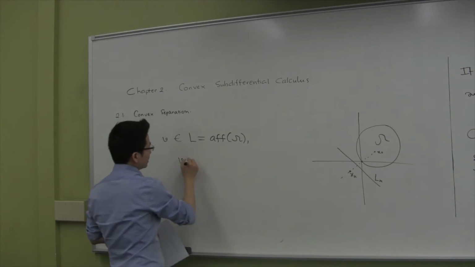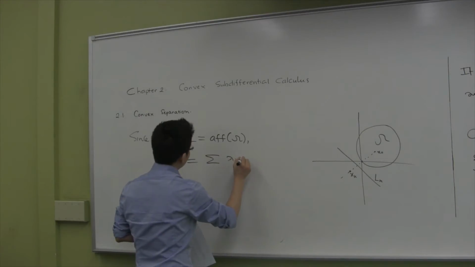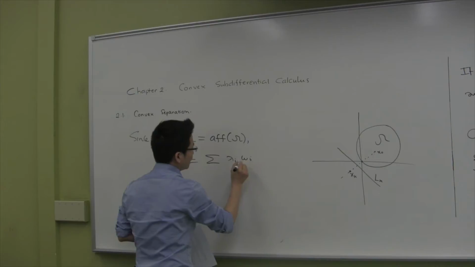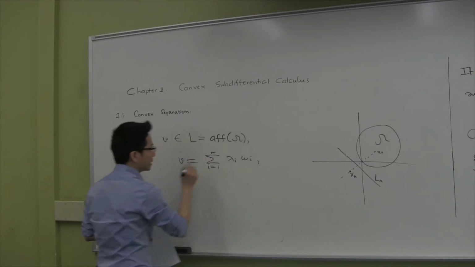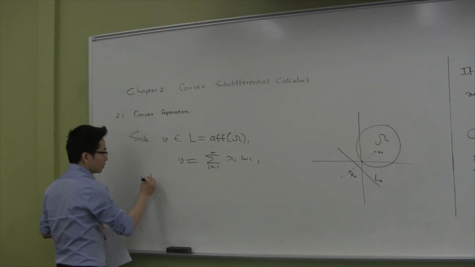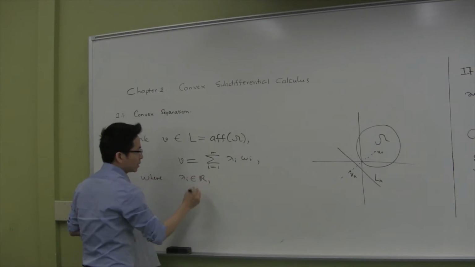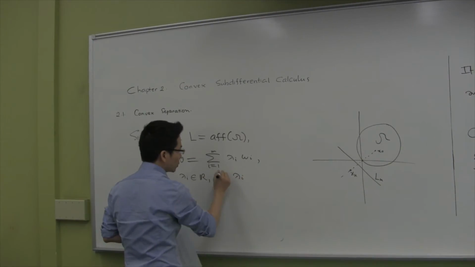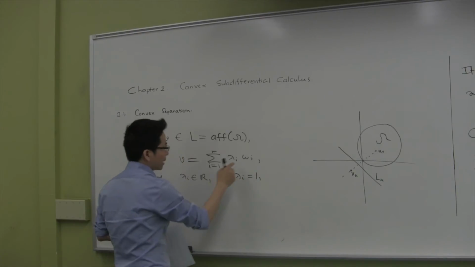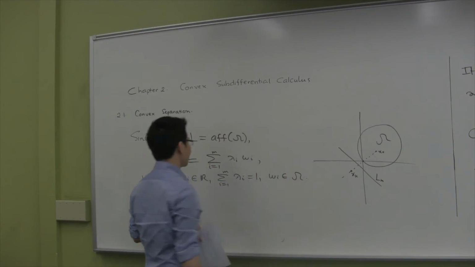V can be written as the sum of lambda_i omega_i, where i runs from 1 to m. Over here, lambda_i belongs to R, the sum of lambda_i, where i runs from 1 to m, is equal to 1, and each omega_i belongs to Omega.